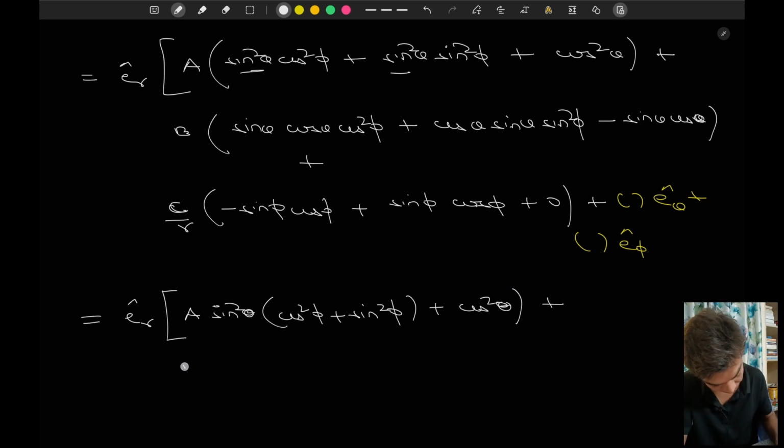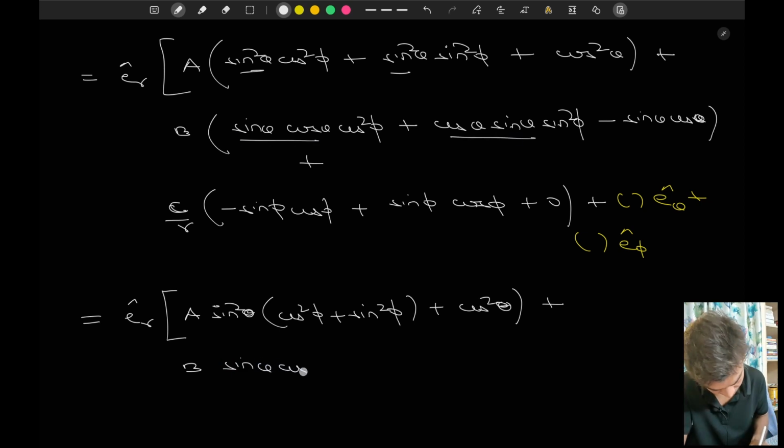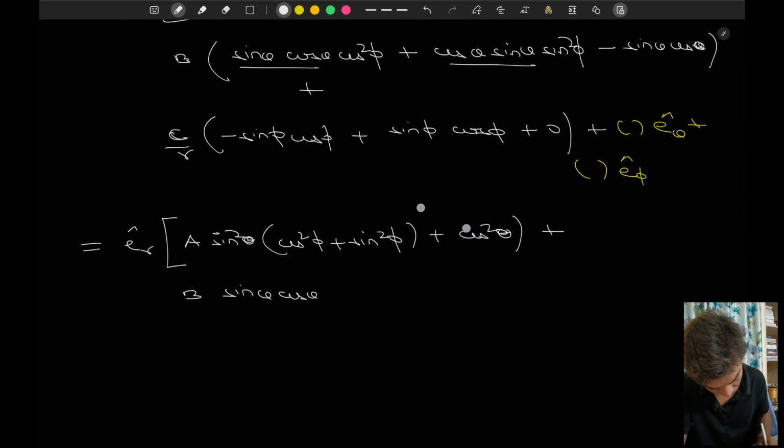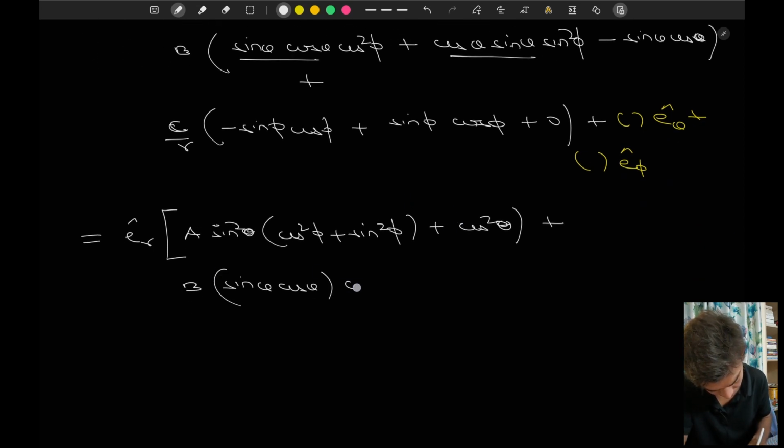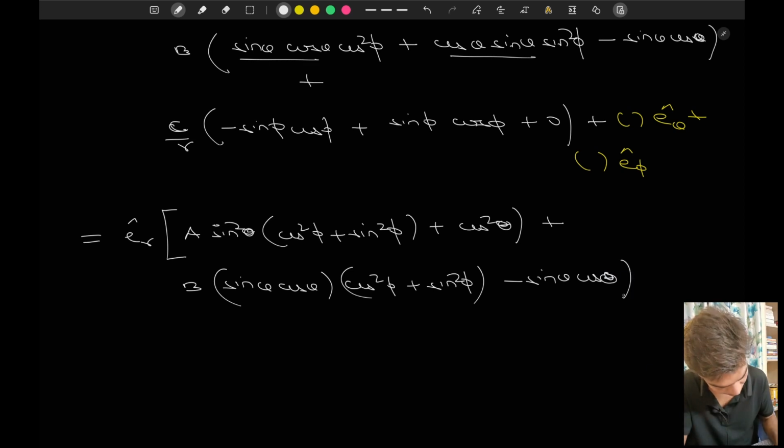Plus b, if I take sin theta cos theta common from this side, then I have cos square phi plus sin square phi, minus sin theta cos theta, and lastly we have c over r.